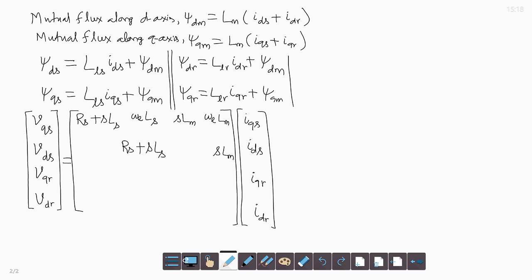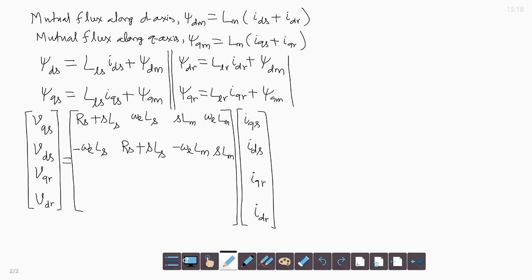Psi qs is Ls Iqs plus Lm Iqr. So, we have minus omega e Ls and minus omega e Lm.